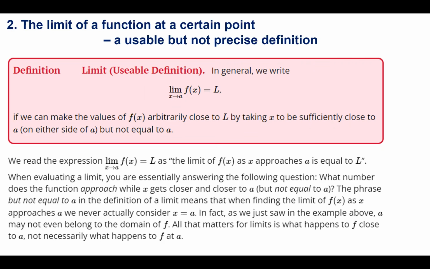All that matters for limits is what happens to f close to a, but not necessarily what happens to f at a. You understand? So that's the intuitive meaning of the limit of a function at a certain point. Any questions?